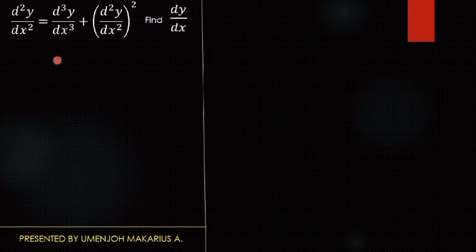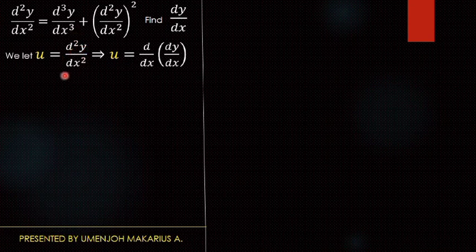So guys, I'm going to let u be d squared y by dx squared, and I know that d squared y by dx squared is simply the derivative of the first derivative of y with respect to x.